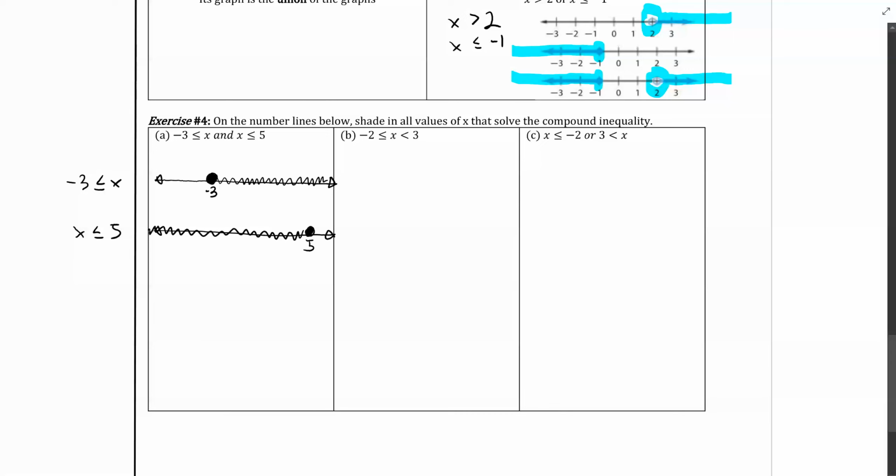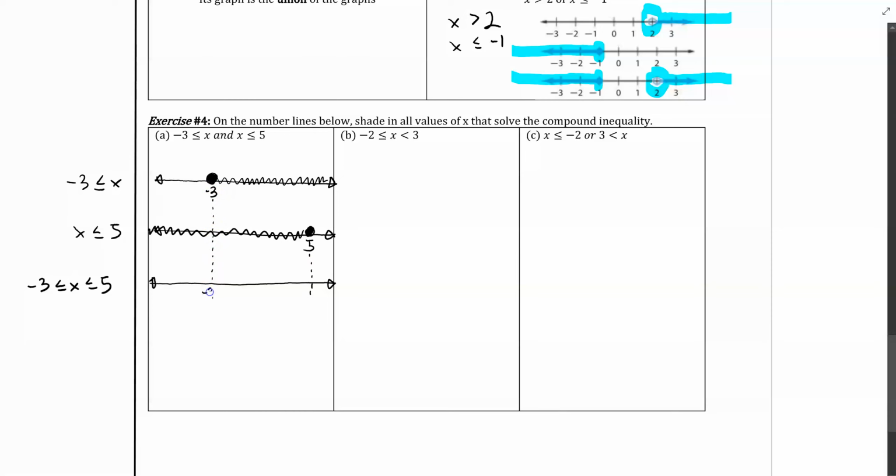So now that we have our individual graphs, we can consider the intersection, -3 less than or equal to x less than or equal to 5. Remember, this is where the graphs overlap each other if you were to put them on top of each other. So where does that happen? What I like to do is draw kind of dashed where those circles are.